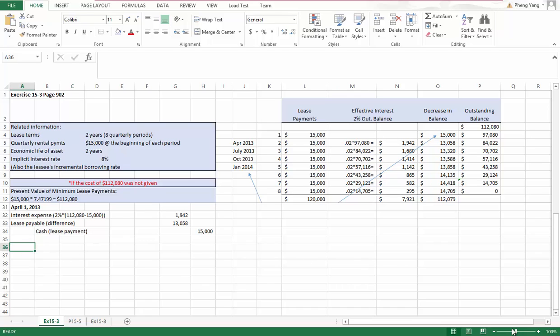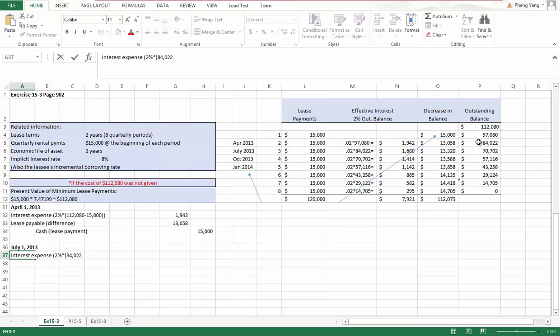All right, the next payment will be July 1st, 2013. We're going to have the same thing, except that this time we know we're going to have interest expense, and this interest expense is going to be that 2% again, times the $84,022 from the schedule right here.